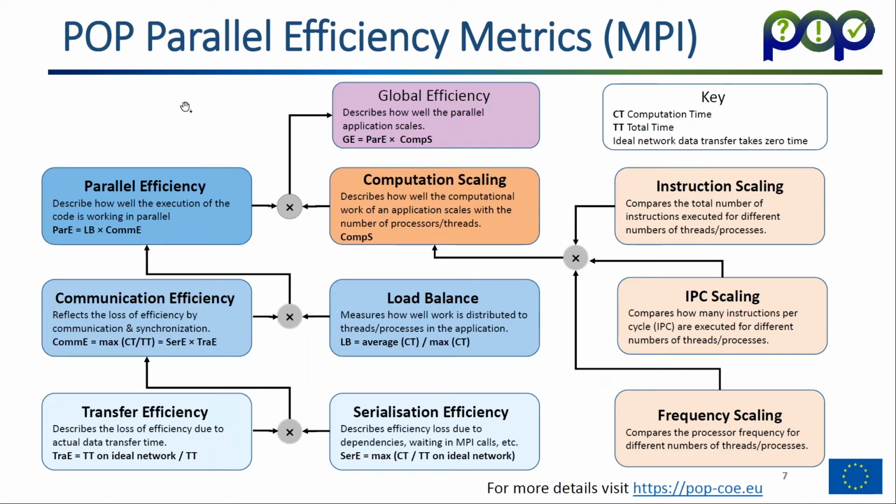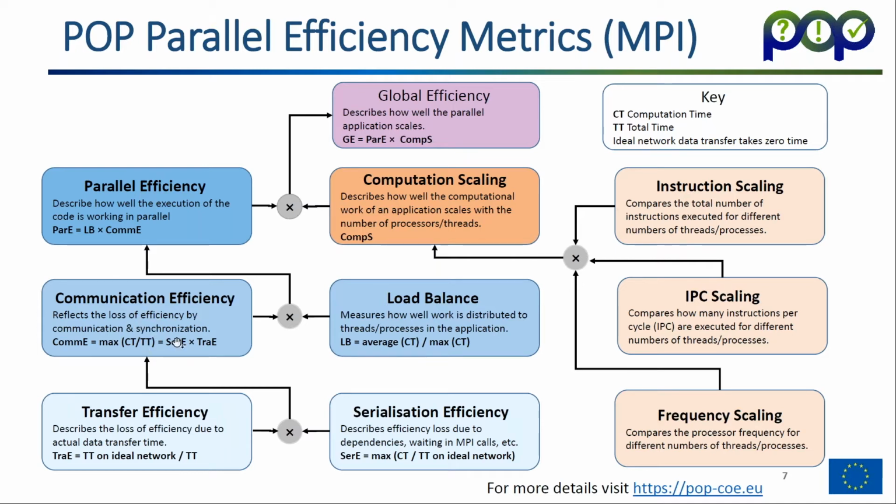On this slide here, I'm showing some of the basic metrics, the ones that we actually started off with that quantify the efficiency of an MPI application, a multi-process application. The blue ones here on the left-hand side are looking at the parallel efficiency, where we are looking at how the different processes and threads are working together in parallel. Parallel efficiency we derive by combining the load balance, how the computational work is distributed across processes and threads, with the communication efficiency, how they interact with each other, how they communicate and synchronize.